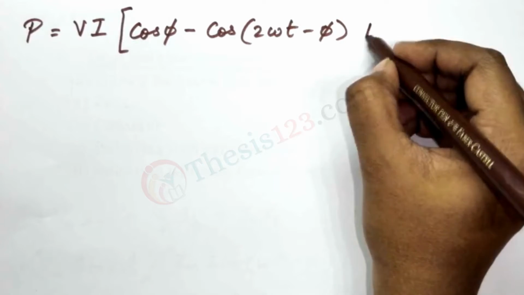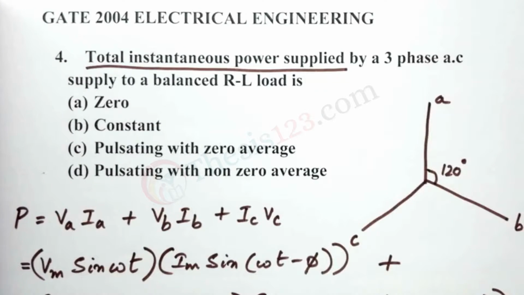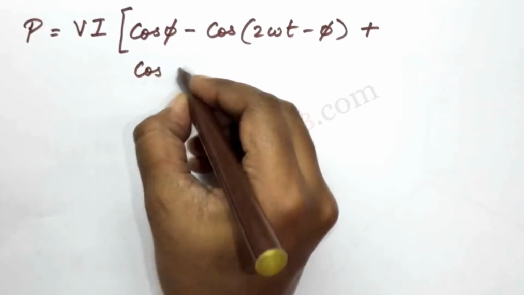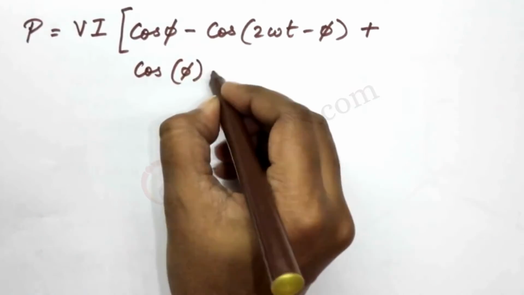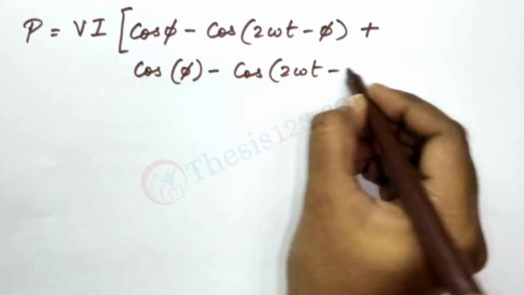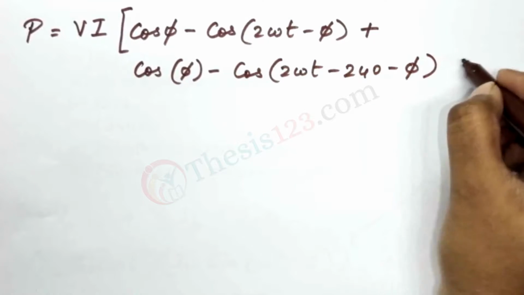Similarly, for the next term, what do we have for the next part? We have sine of omega t minus 120 and sine of omega t minus 120 minus phi. So that will become cos of phi minus cos of 2 omega t minus 240 minus phi.